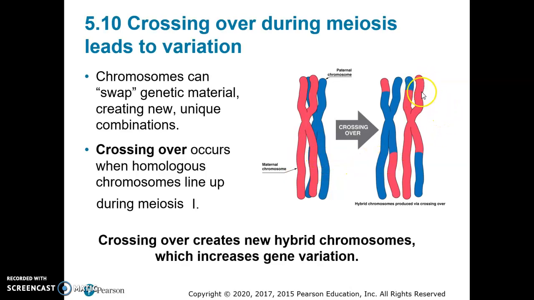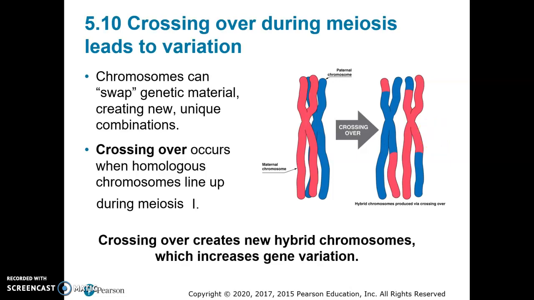So if the information for hair color is high on this chromosome and the information for eye color is low, you can see that if my dad has the information for black hair and brown eyes, and my mom's got blonde hair and blue eyes, I've now separated the hair color away from the eye color. So I could potentially produce an offspring that has my mom's blonde hair, but my dad's brown eyes. So that's what crossing over is doing. It's leading to even more variation in the population.